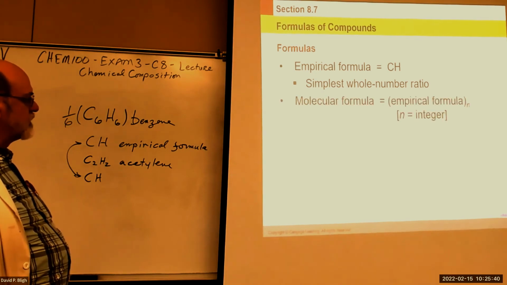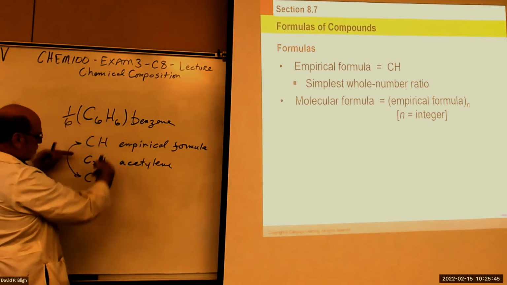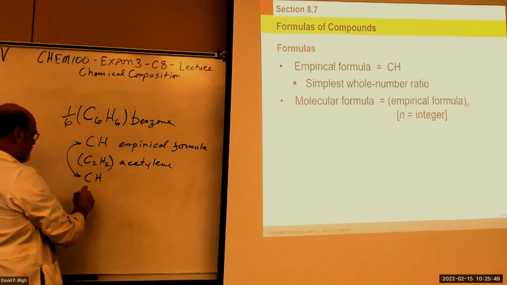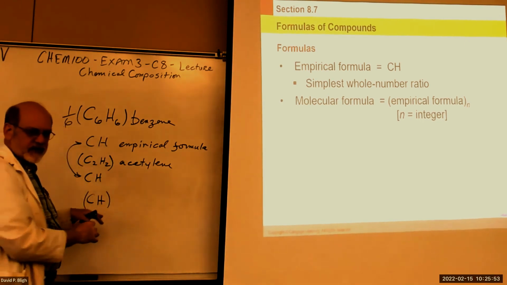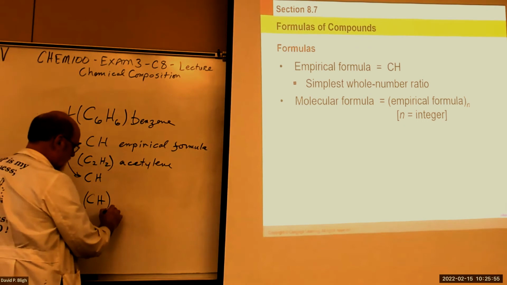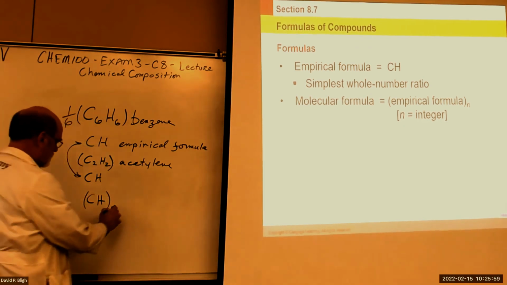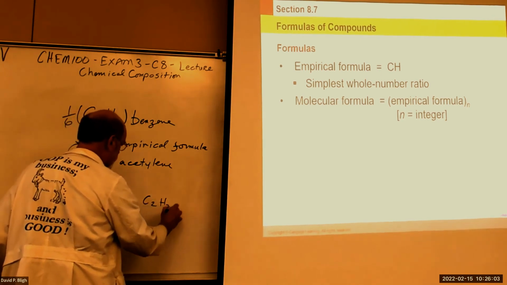Simplest whole number ratio. So, how are these two related? Right? If we take this one, if we say CH, and then we put a subscript out here as our multiplier, say N. If N is 2, if N equals 2, then we have C2H2.